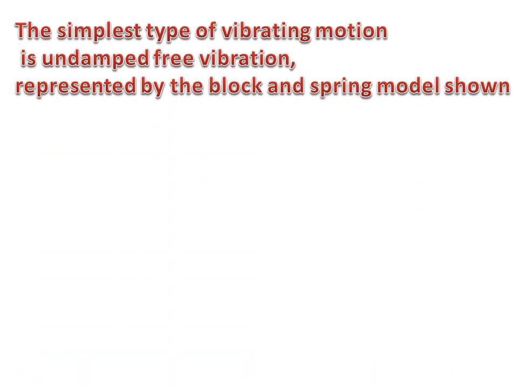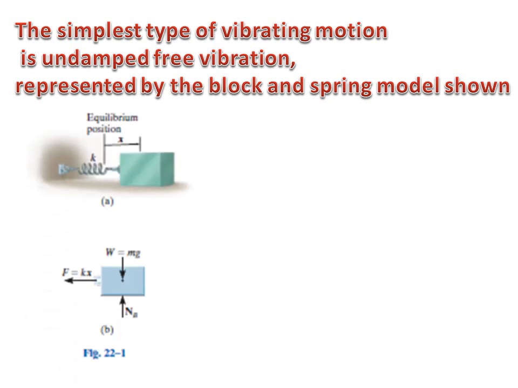Okay, so the simplest type of vibrating motion is undamped free vibration. Let's say we have this block and spring model. You are going to have a displacement by stretching the spring.